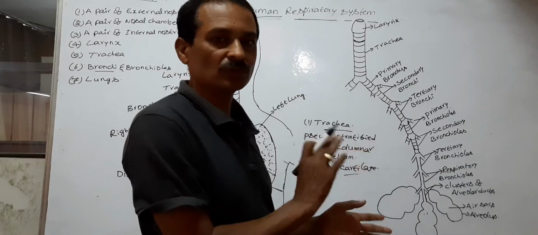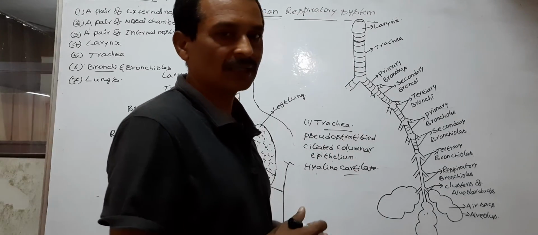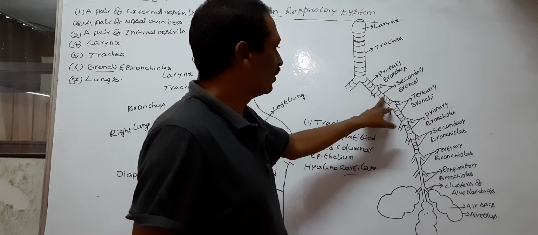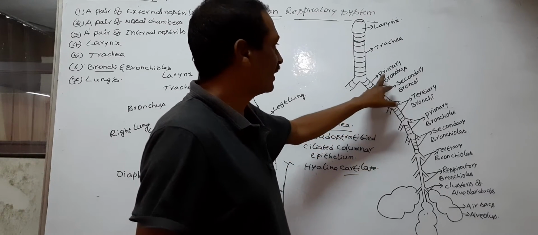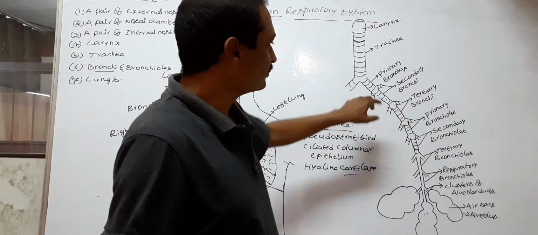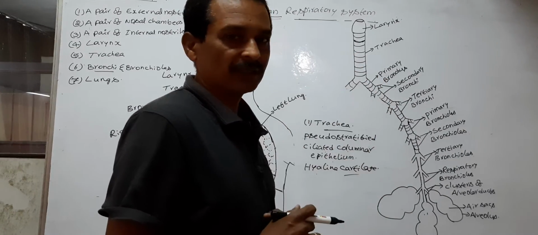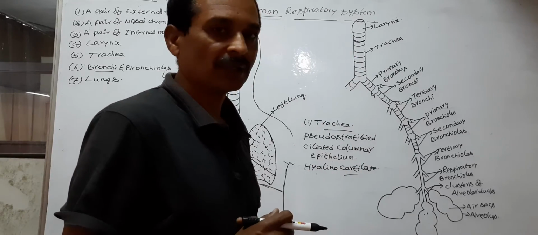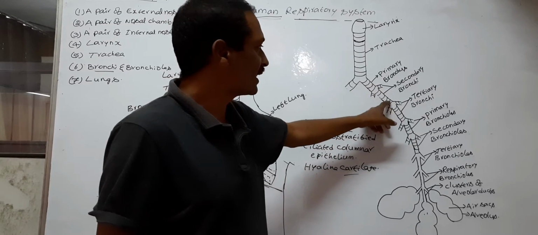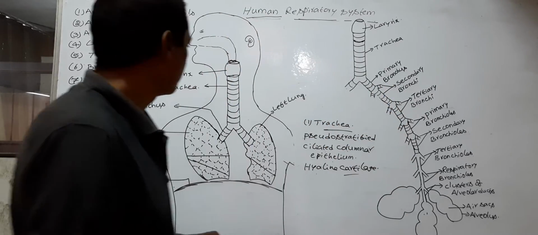So mucus holds the dust particles and cilia push the dust particles towards the buccal chamber. So these are the primary, secondary, and tertiary bronchi.